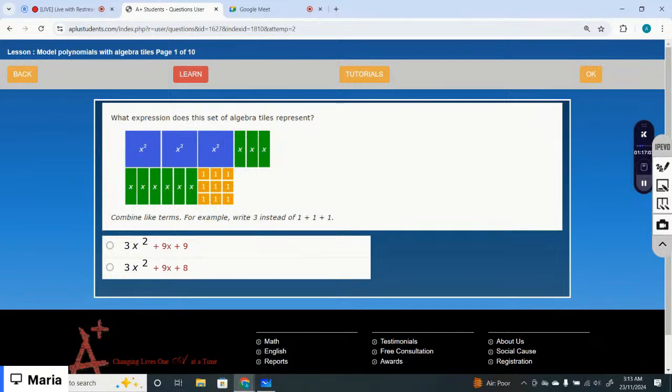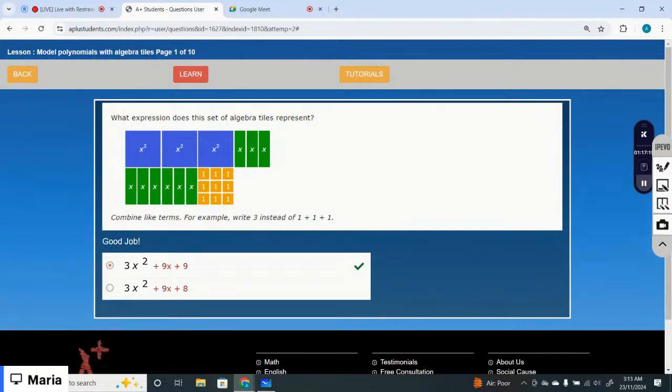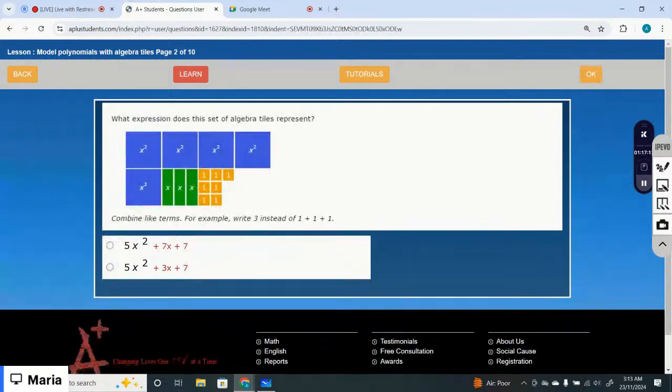That is 3x square plus 9x plus 9. Option number 1 is the correct option. What expression does this set of algebra tiles represent?